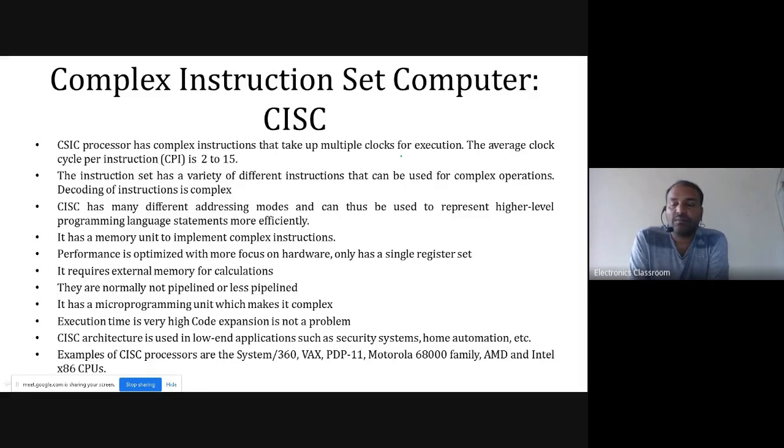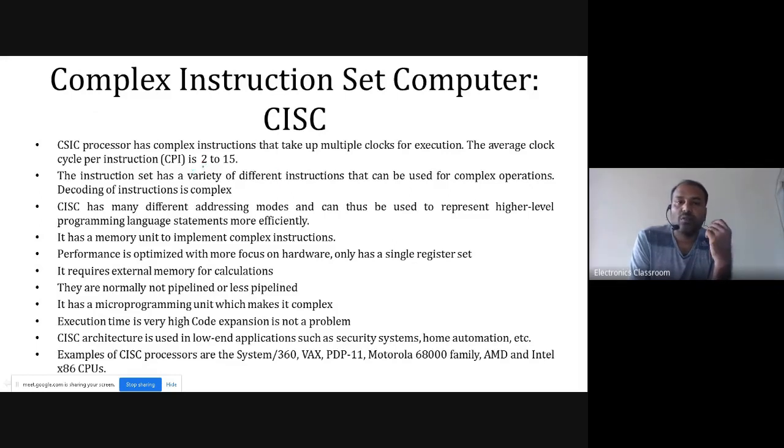Multiple clocks means some instructions will take one clock pulse, while some instructions will take two clock pulses. Some may take 3, some may take 4, some may take 5. Multiple clock cycles. So average clock cycles per instruction can be 2 to 15.